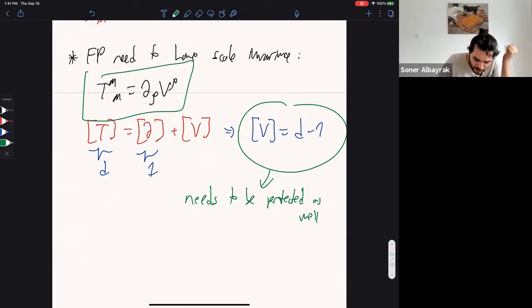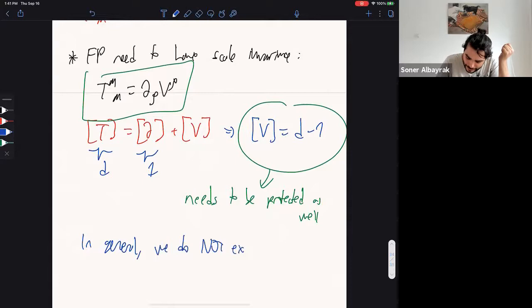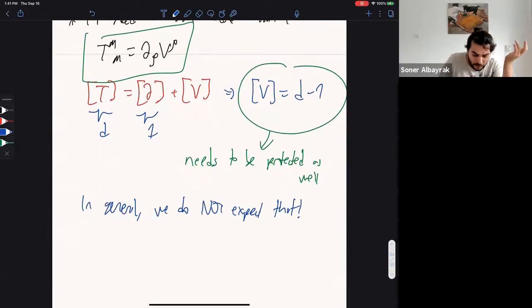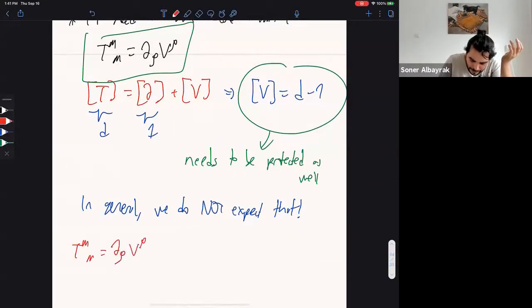Okay. So in general, we do not expect that. We need to have some kind of symmetry in the theory to have that. So since we don't expect that, the only solution to T mu mu equal to delta rho V rho is T mu mu equal to 0.